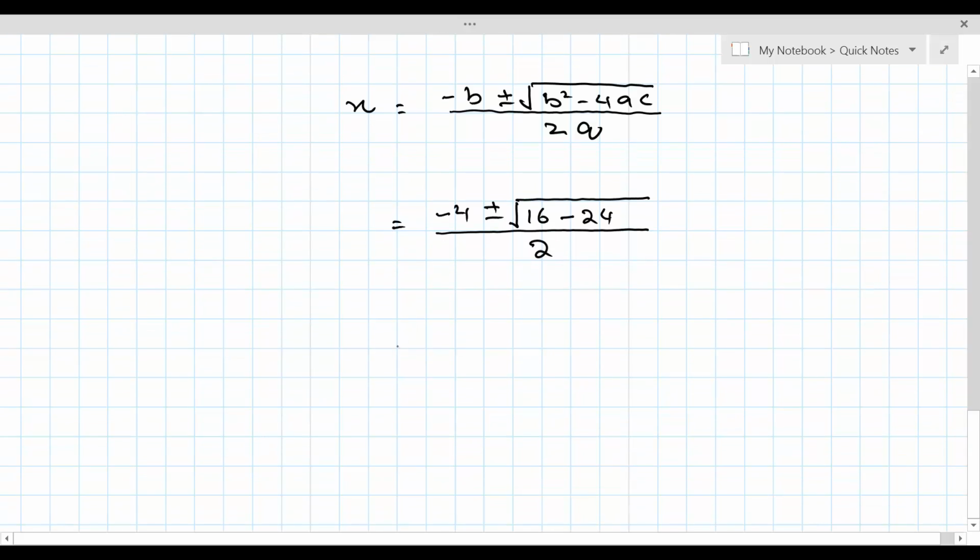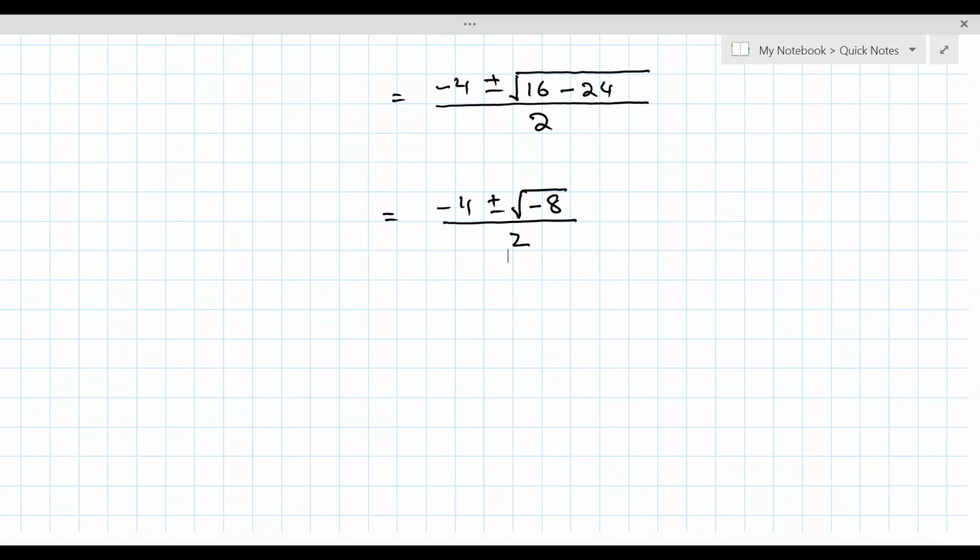So this will be equal to minus 4 plus minus square root of negative 8. As you can see, whenever a negative is inside the square root, that is not a real number anymore. So obviously this is not a real number, which tells us that there are no x-intercepts.